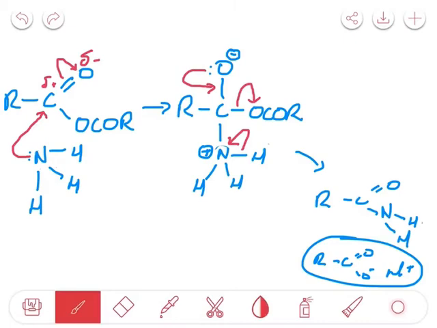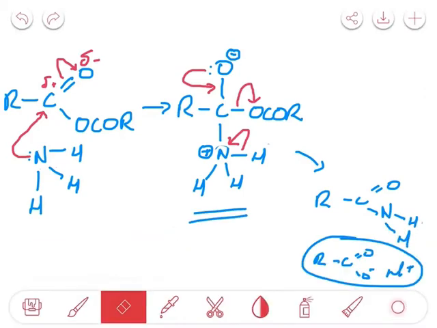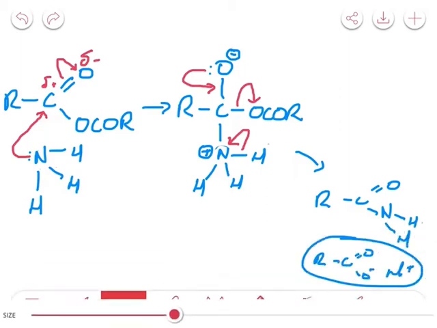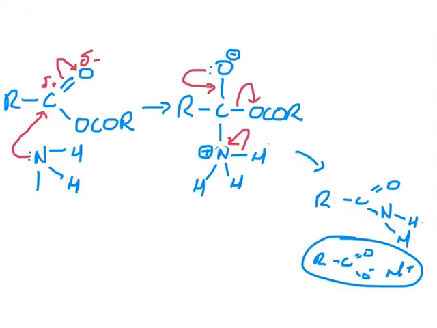Again, I hope you can see that I have not touched any of the red arrows. The lone pair on the nitrogen forms a dative covalent bond with the carbon in the carbonyl. The pi bond breaks, going to the oxygen, which gives us the intermediate that we've got there. And then we get our three arrows, which then gives us our amine and our carboxylic acid. So to do the fourth one, all I need to do is change one of my hydrogens.